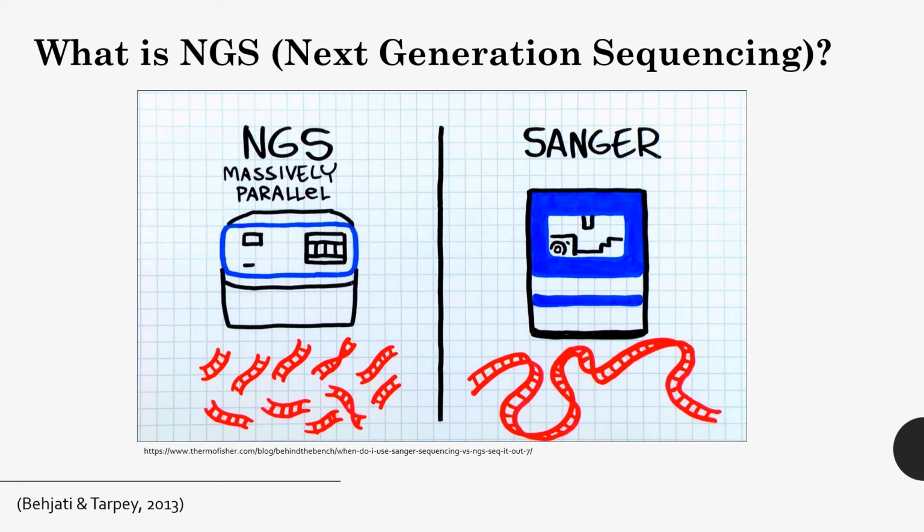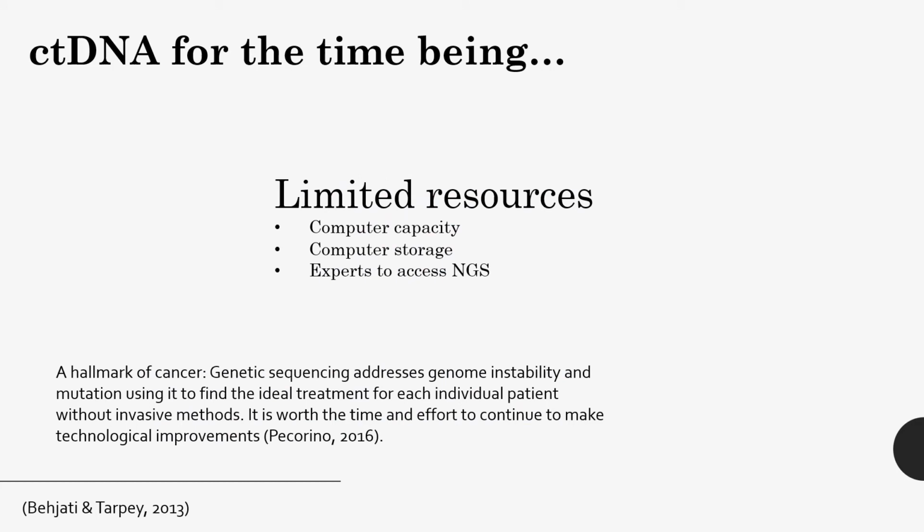Sanger is restricted to discovering only substitutions and small insertions and deletions, and next-generation sequencing is unselective and interrogates full genomes or exomes to find new discoveries of mutations and disease-causing genes.